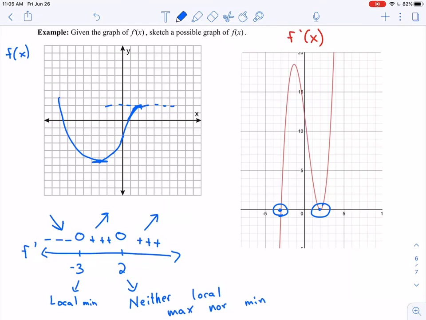So at that point, we have neither a local maximum nor a local minimum. We just have this weird turning point in our graph. And we'll talk way more about those points in the next section. Don't you worry, we'll get there. But the important part is we don't have a maximum or a minimum at this point. Instead, we have that horizontal tangent line. That's the behavior I think is really important for this graph.